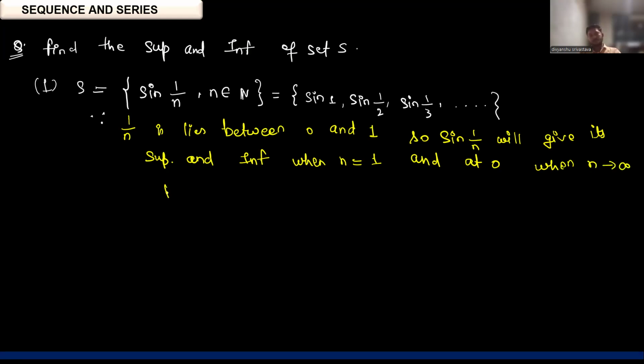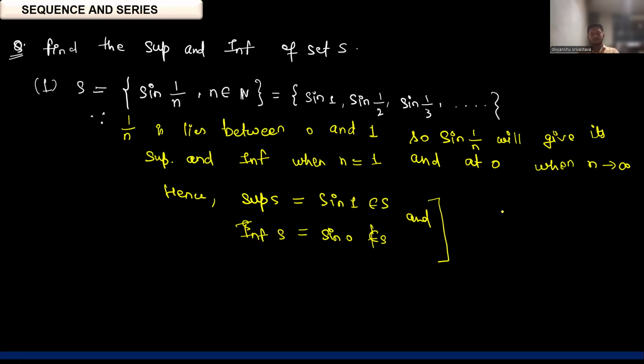Okay, hence the supremum of S, which is equal to sine 1, belongs to S, and the infimum of S, which is equal to sine 0, belongs to S, and so on.